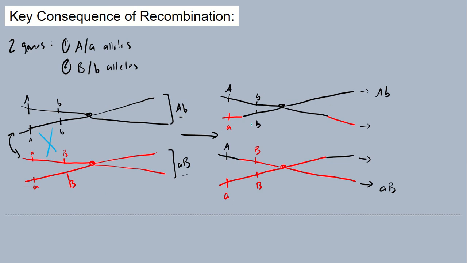Whereas on the chromatids that have undergone recombination, we see some novel genotypes: lowercase a, lowercase b, and uppercase A, uppercase B. I kind of messed that one up, but these are new genotypes. We'll get to this a little later, but these are known as recombinant genotypes.